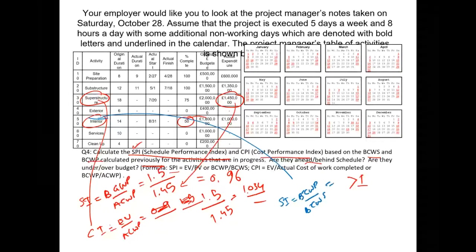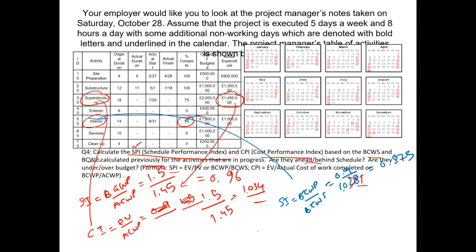So here we can see the budgeted cost of work performed is 0.9 million pounds, 50% of 1.8 million, and the budgeted cost of work scheduled, which we calculated previously, was something like 1.028, which gives us an answer of 0.875, which is slightly less than 1. So we will comment that the activity is falling behind schedule.